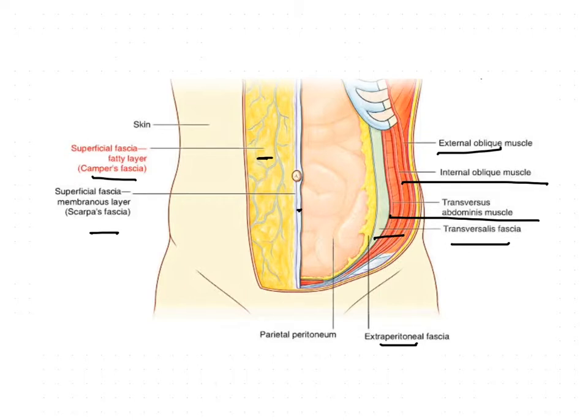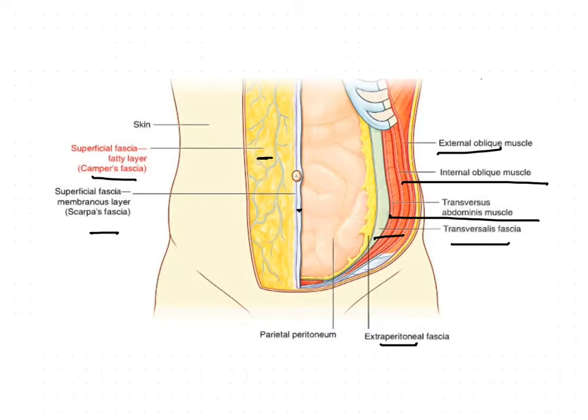This is the outermost layer of the peritoneum. The peritoneum is a serous layer which covers the abdominal organs. So these are all the layers of the abdominal wall.